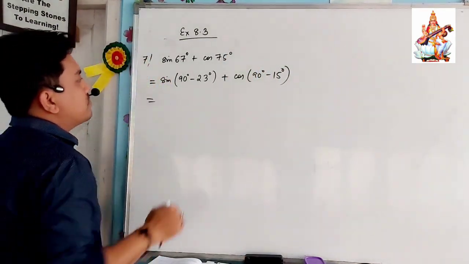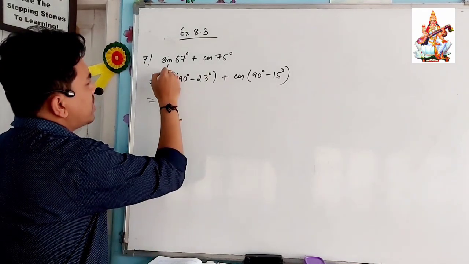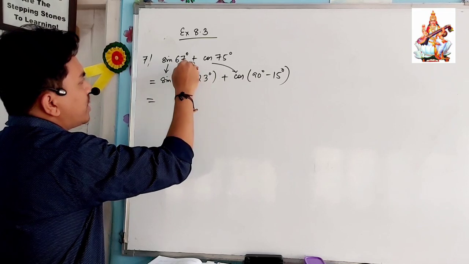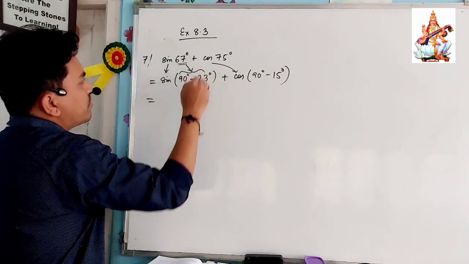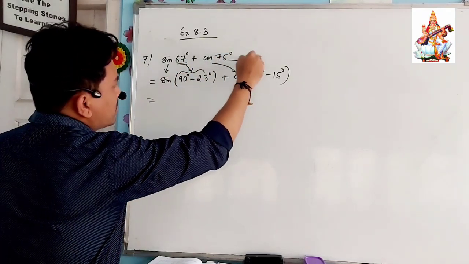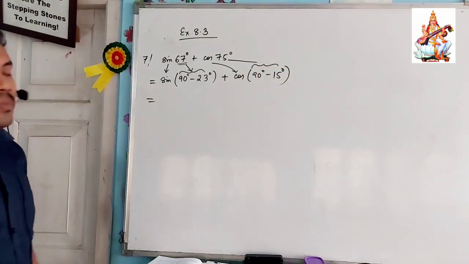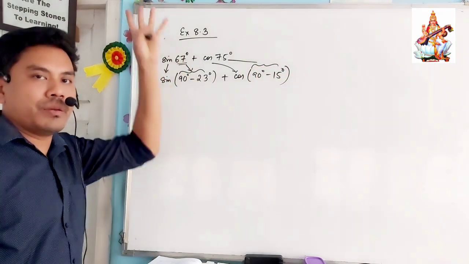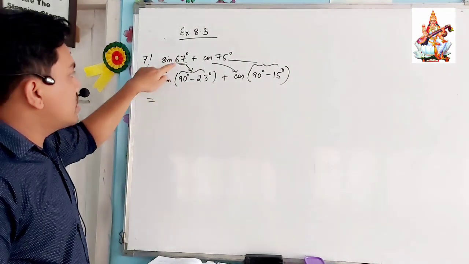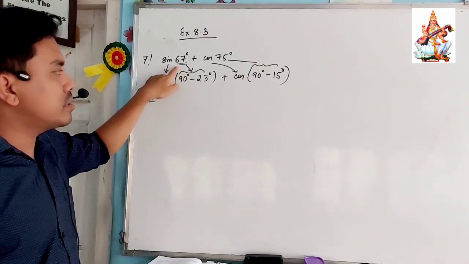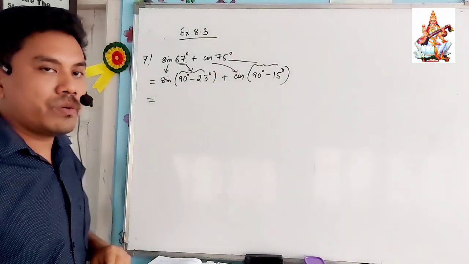Sin is sin here, cos is cos here. In place of 67 I have written 90 minus 23, and in place of 75 I have written 90 minus 15. You cannot simply write 90 minus 80 like that; the difference should be exact. 90 minus 23 is 67, 90 minus 15 is 75.